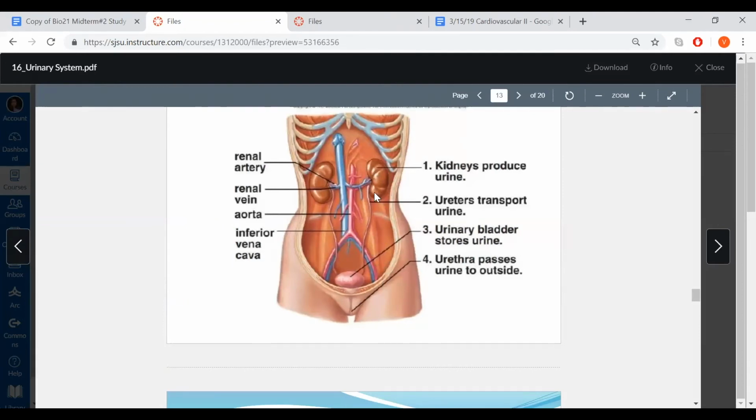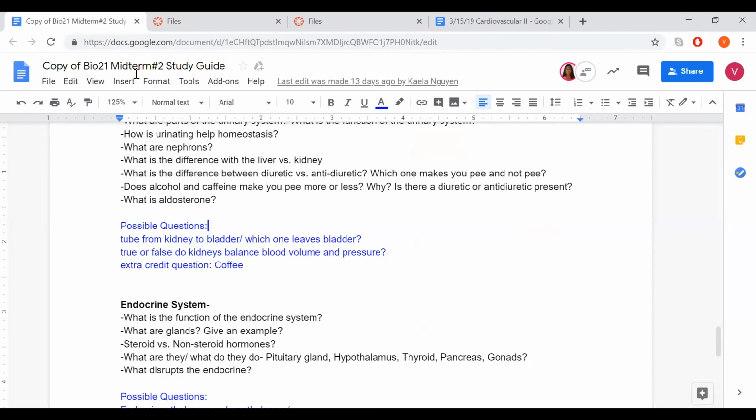This is your bladder right here, and the ureters take it there, and then it leads out through the urethra. But the urethra is shorter in the female and longer in the males. I don't know if that's needed information, but it's good to know.